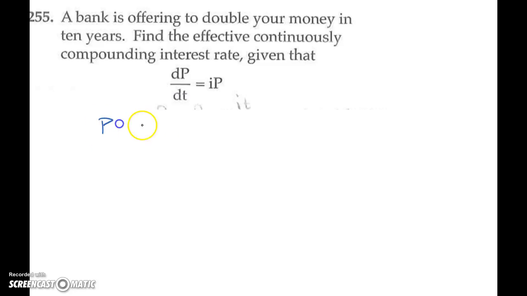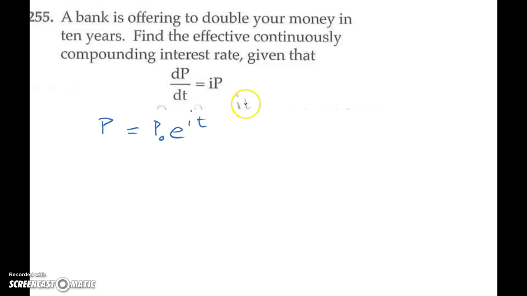So we know that my amount that I'm looking for is equal to the initial amount times e to the, now we normally have our value there, so it's going to be I, and that is going to be multiplied by t. Okay, so that is what my integral would look like.